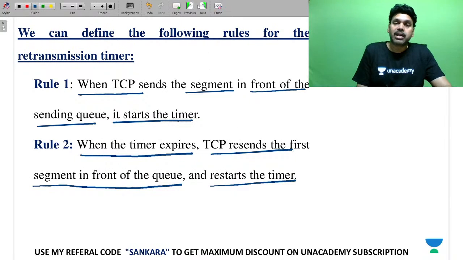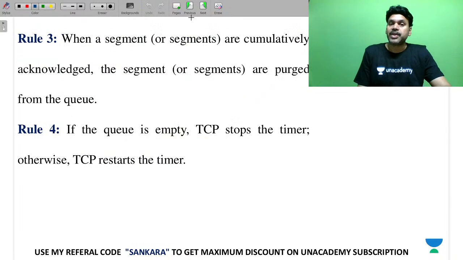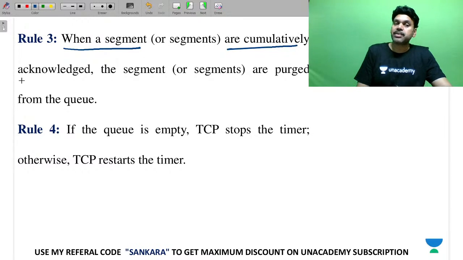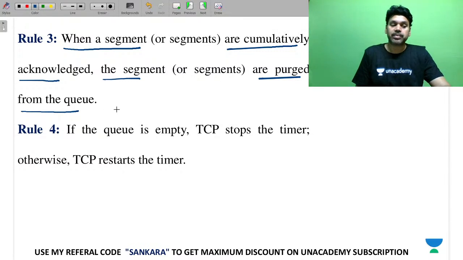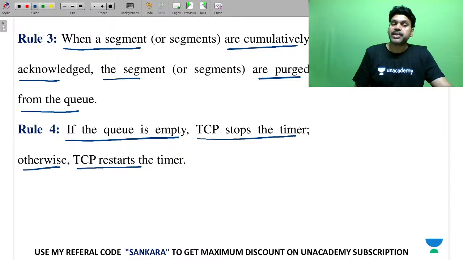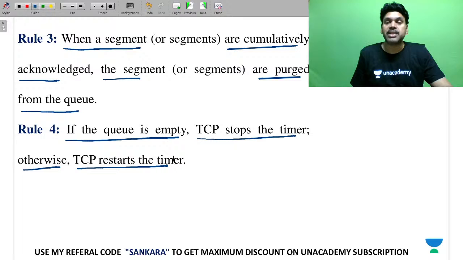So these are the rules we have. When a segment is cumulatively acknowledged and the segments are purged from the sender's queue, if the queue is empty, then TCP stops the timer. Otherwise, TCP restarts the timer.